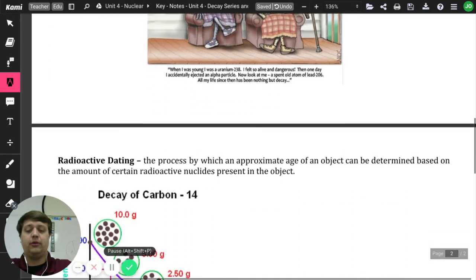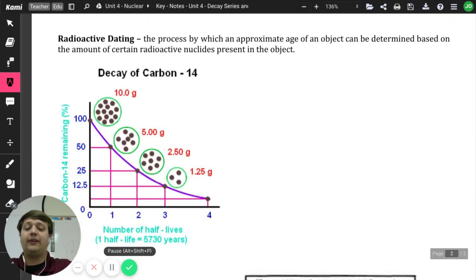Radioactive dating is the process we use to get an approximate age of the object, and it's fairly accurate.